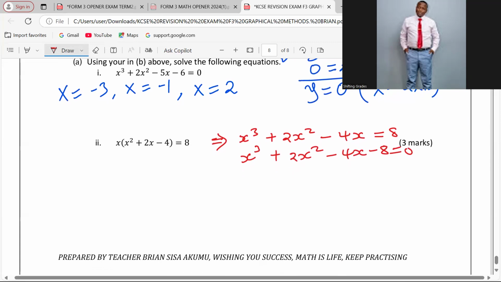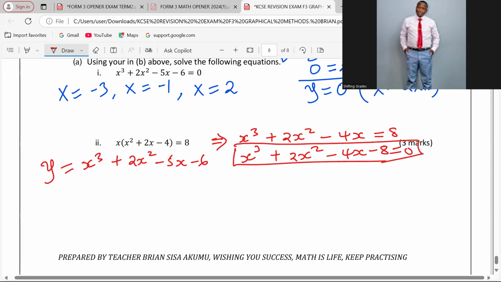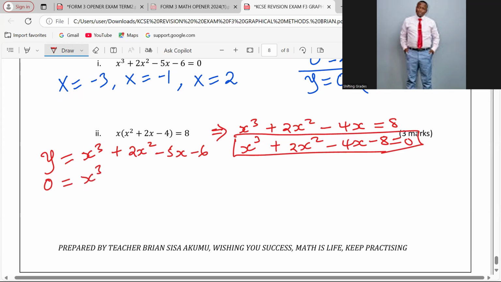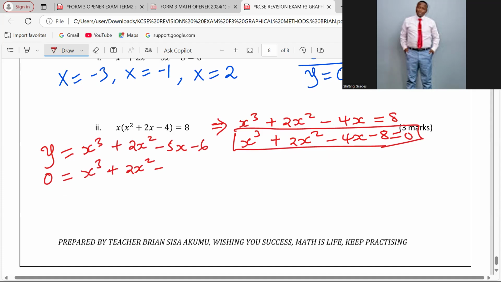Then now we bring our function here, x power 3, the plotted function, plus 2x squared minus 5x minus 6. And now the one that we are supposed to solve after expanding it, remember it has become cubic. So 0 equals to x power 3 plus 2x squared minus 4x minus 8.